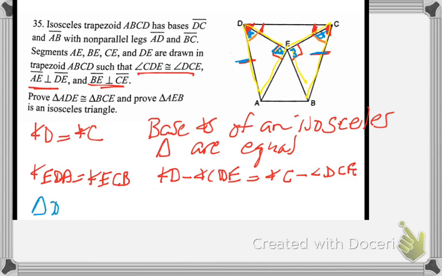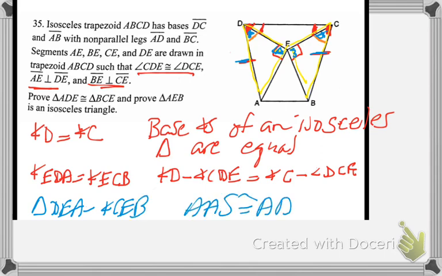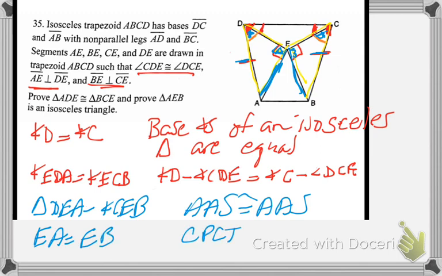So triangle DEA equals triangle CEB, angle, angle, side. If those two triangles are congruent, then that would mean that this side over here, EA, is equal to this side over here, EB, because of CPCTC. Don't forget, corresponding parts of congruent triangles are congruent.